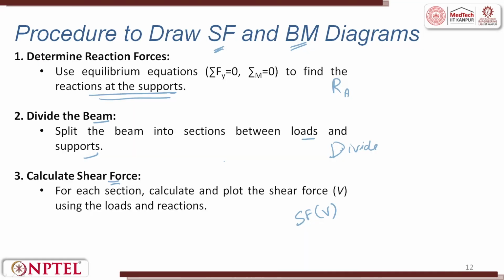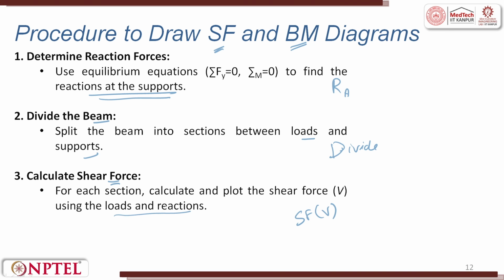There are only 5 simple procedures to be followed to draw an SF diagram and a BM diagram. First step is to find out the reaction forces at the supports. Second step, split the beam between loads and supports. The third is to calculate shear force using load and reaction force.